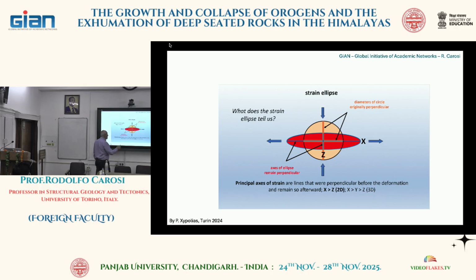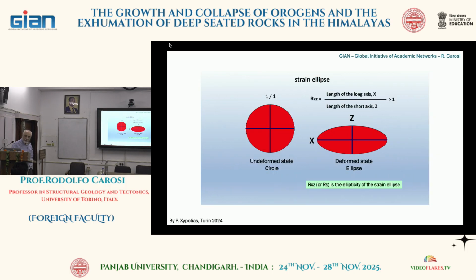Only two axes remain perpendicular, the short axis and the longest axis, Z and X, which are called the principal axes of strain. They are quite important because in 3 dimensions they help us to recognize the foliation in the rock and the XY plane in the deformed rocks.